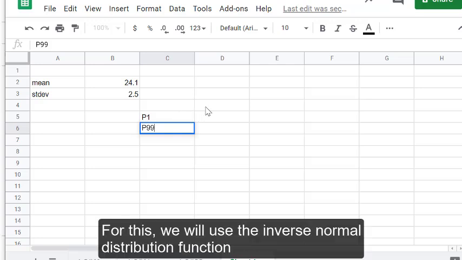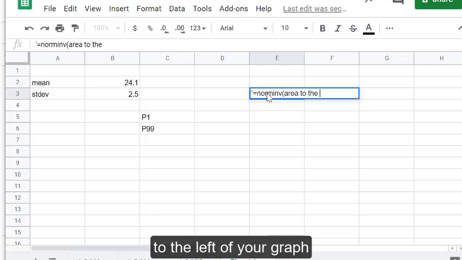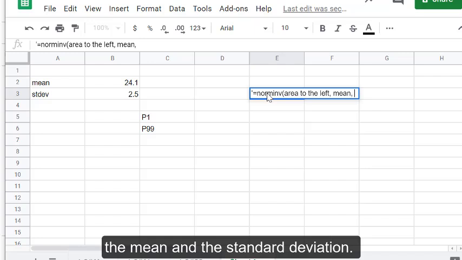For this, we will use the inverse normal distribution function, also known as NORMINV, and the input will be the area to the left of your graph, the mean, and the standard deviation.